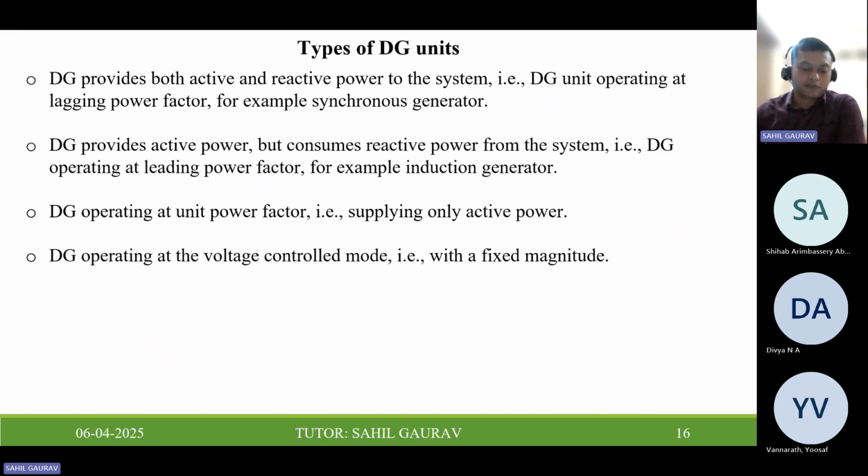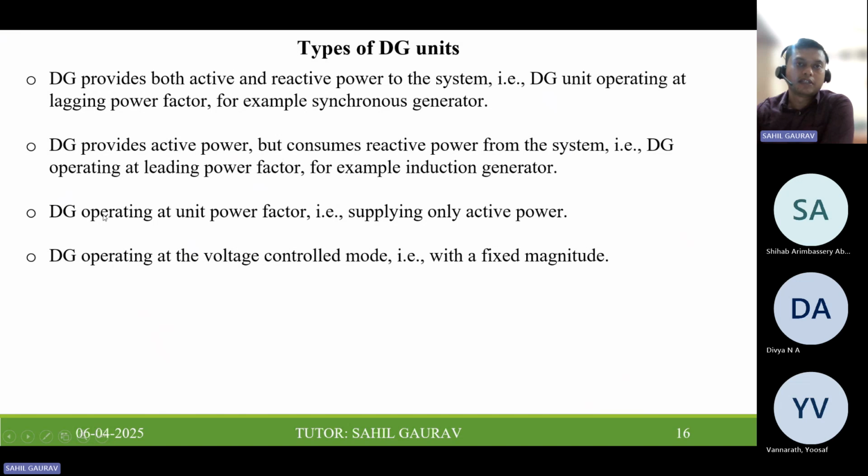Now, what can be the types of DG units? DG provides both active and reactive power to the system. A DG unit operating at lagging power factor, for example a synchronous generator, provides active power but consumes reactive power from the system. Then DG operating at leading power factor, for example an induction generator. And if DG operates at unity power factor, then it supplies only active power.